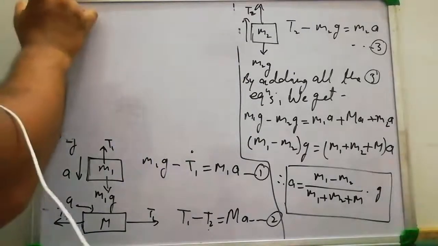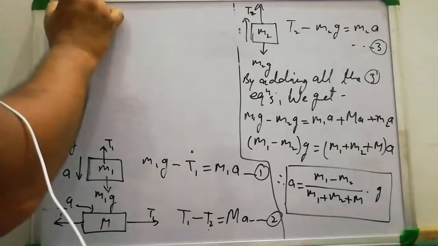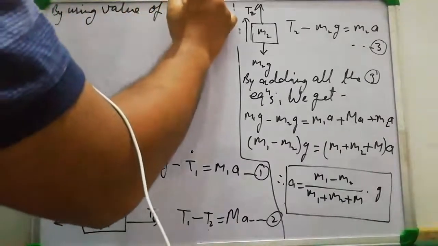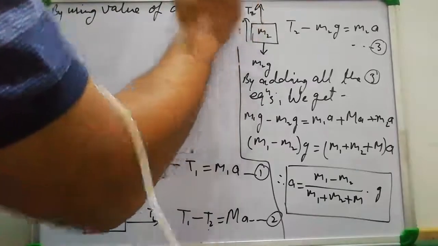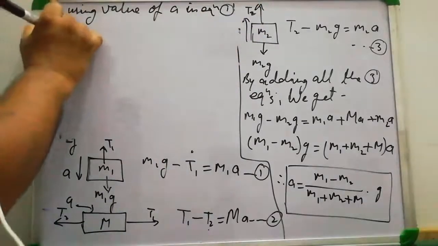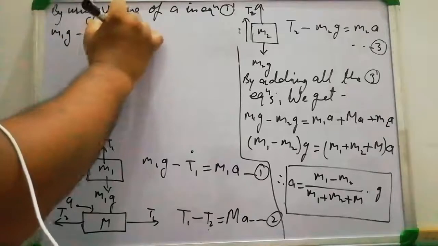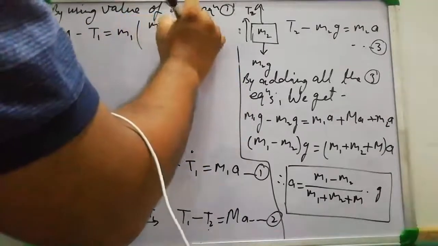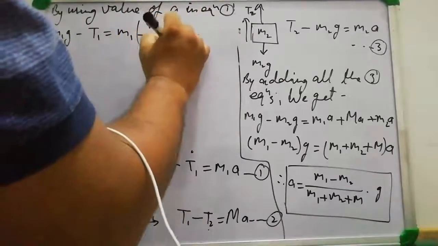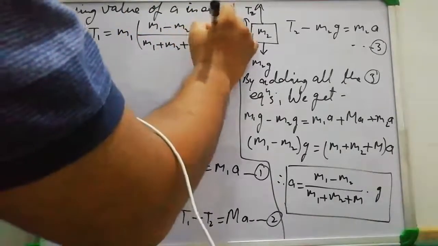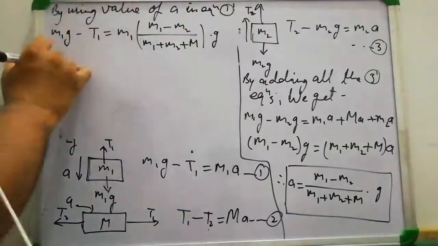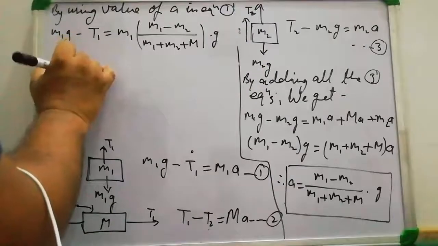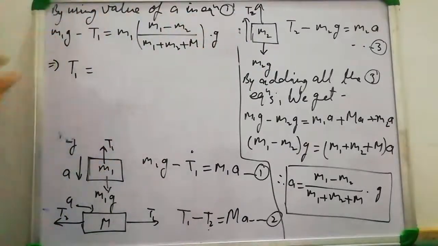T1, by using the value of a in equation first. What will we get? We will get M1g minus T1 is equal to M1a. What is the value of a? It is (M1 minus M2) divided by (M1 plus M2 plus capital M) into g. Now solve for T1. Whole thing will come to this side.